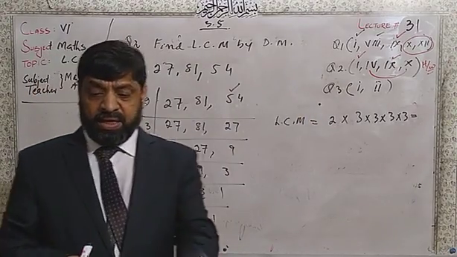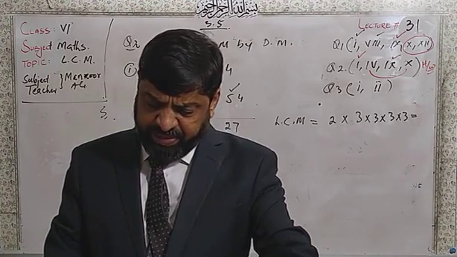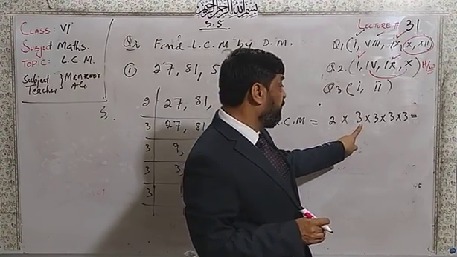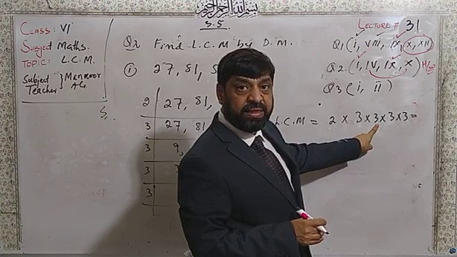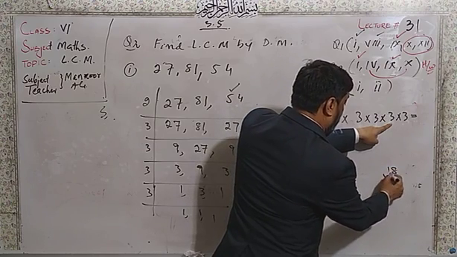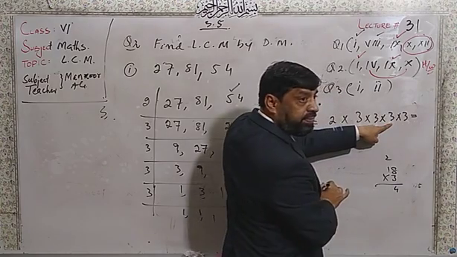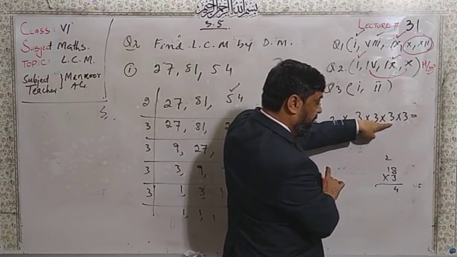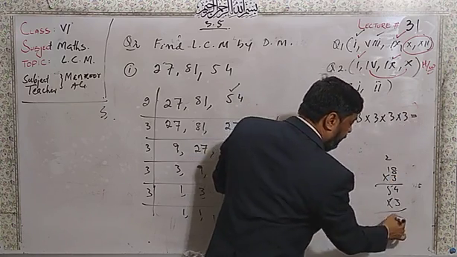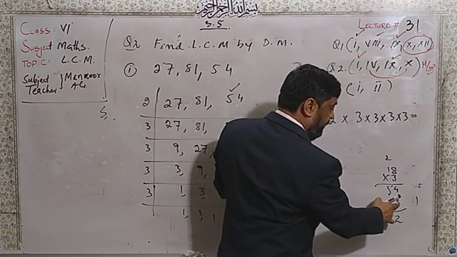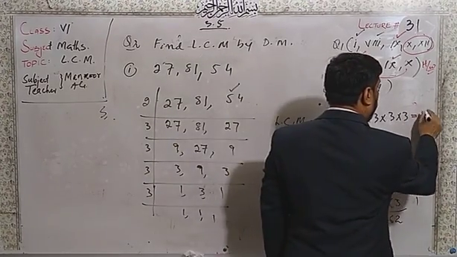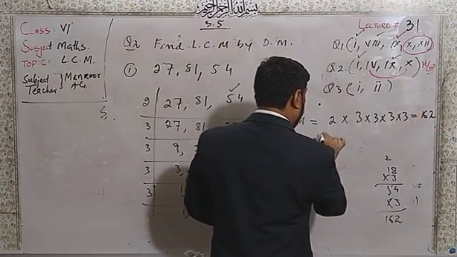If you will multiply all these numbers, the answer will come: 2 3s are 6, 6 3s are 18, 18 3s are 54, and then you will multiply by the last 3, and it will come 162. Dear students, this is the answer.